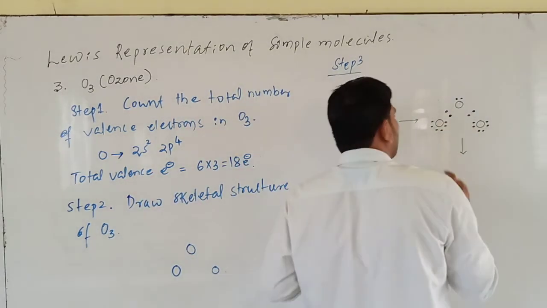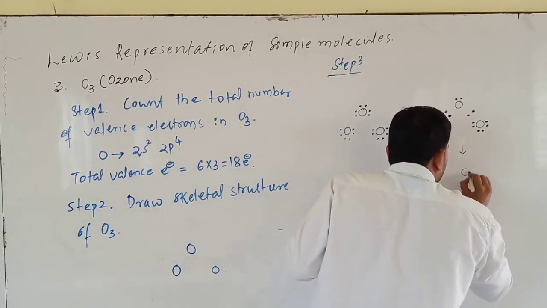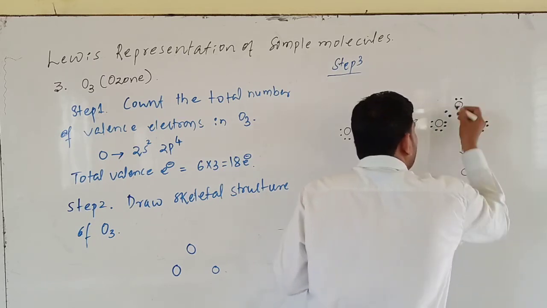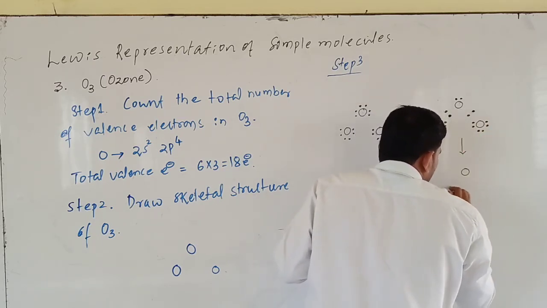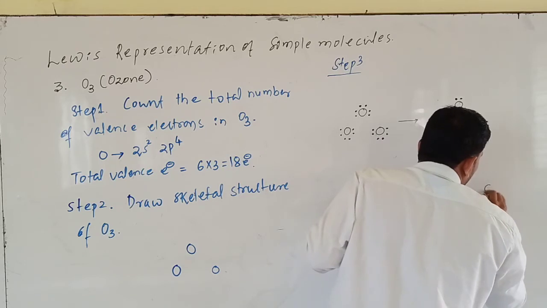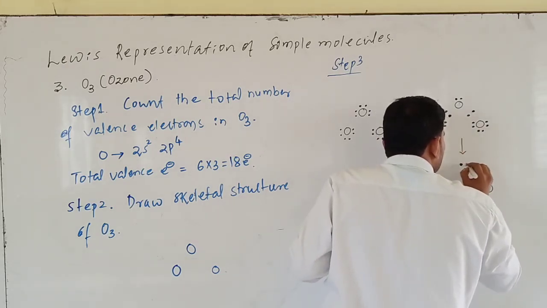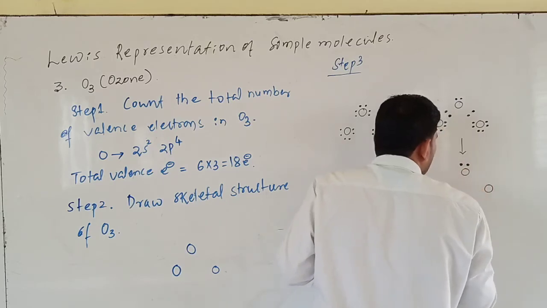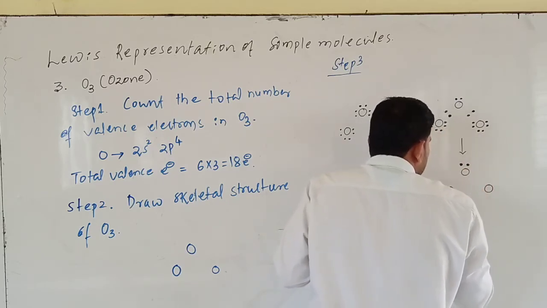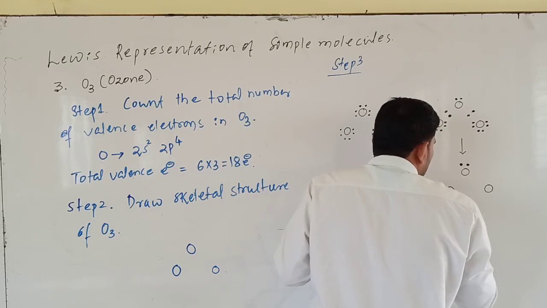Try to place a double bond between any one of the terminal oxygen and the middle oxygen atom. See what will happen. Now if you place a multiple bond, over here 2 electrons are there. You can take a pair of electrons from any one of the oxygen atoms.